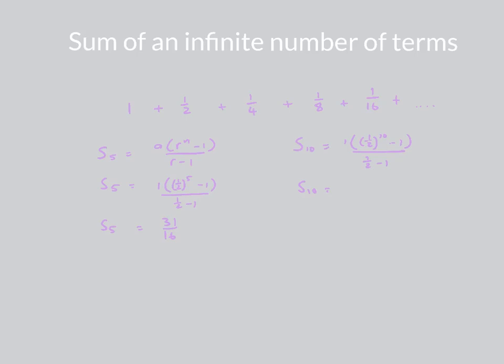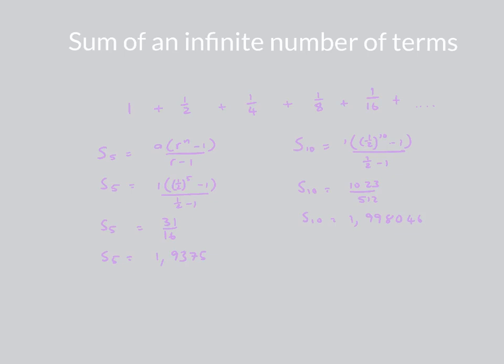You just go back in your calculator, you change the 5 to a 10, and you're going to get 1023 over 512, which in decimals is equal to 1.998046, and so on. And just by the way, 31 over 16 was equal to 1.9375.